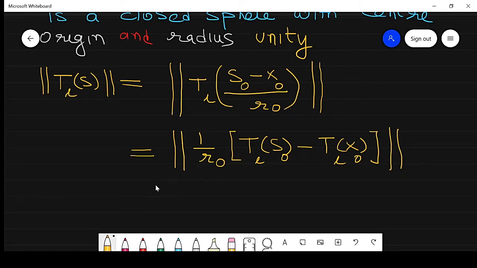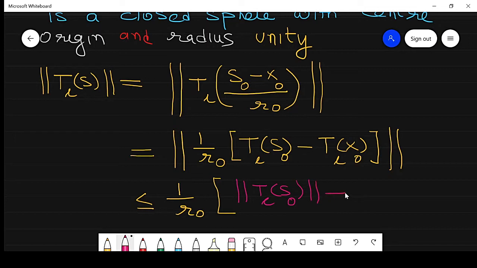Now by using the triangle inequality, since 1 by r0 is a positive number, it will be 1 by r0 times the bracket of norm Ti S0 plus norm Ti x0.